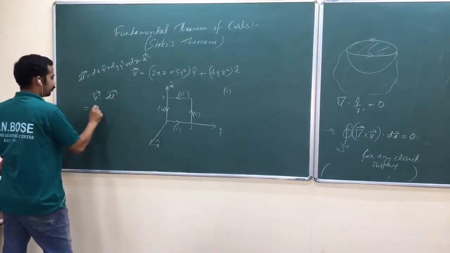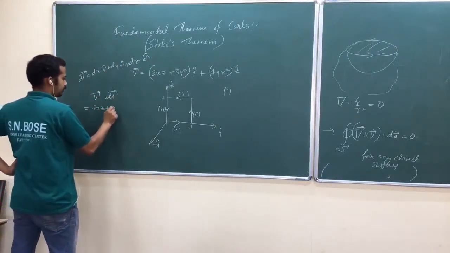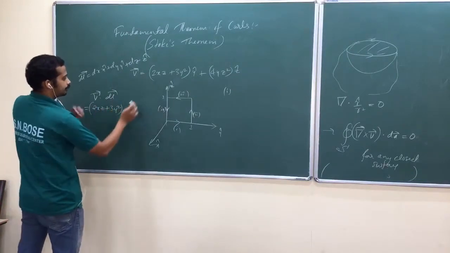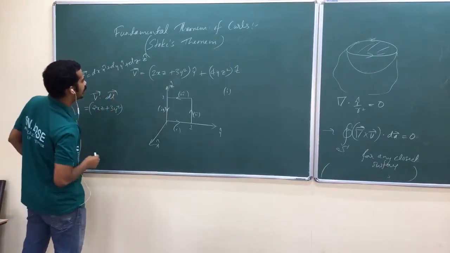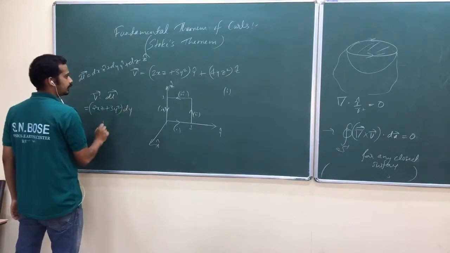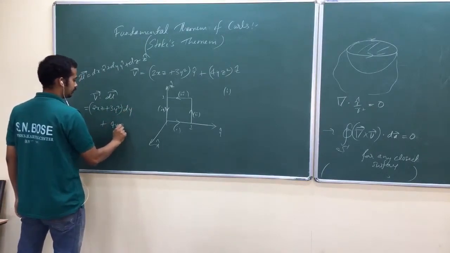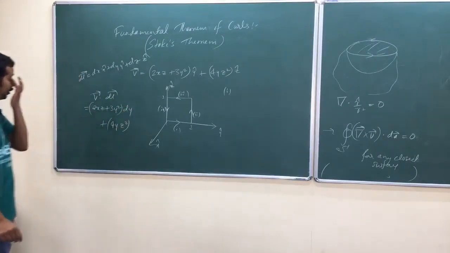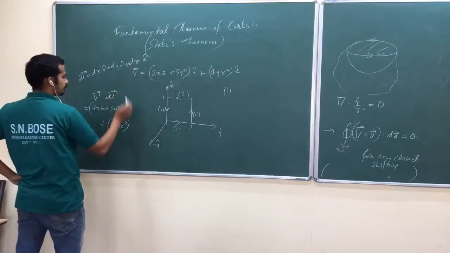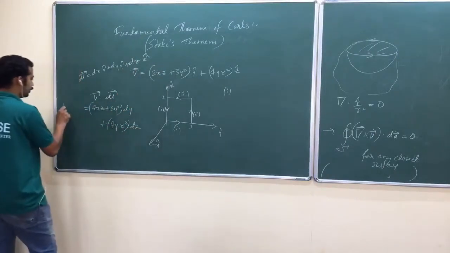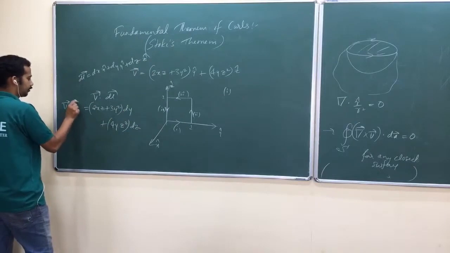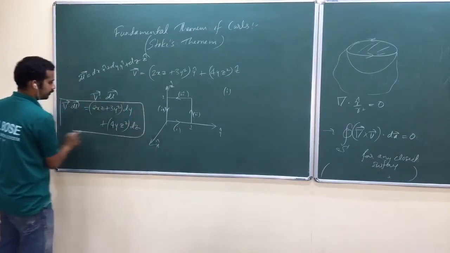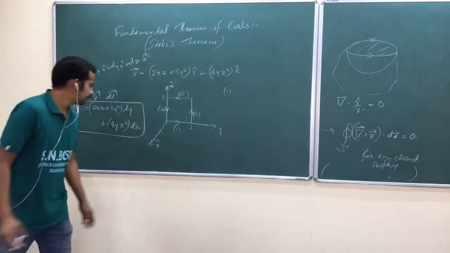That becomes (2xz plus 3y square) y cap dot y cap dy plus 4yz square multiplied with z cap dot z cap dz. That is your v bar dot dl bar.